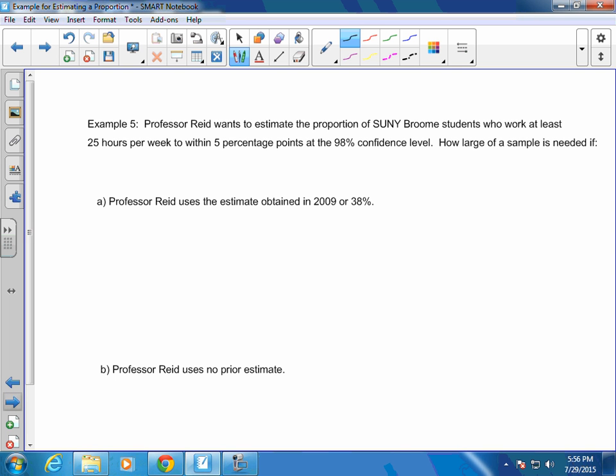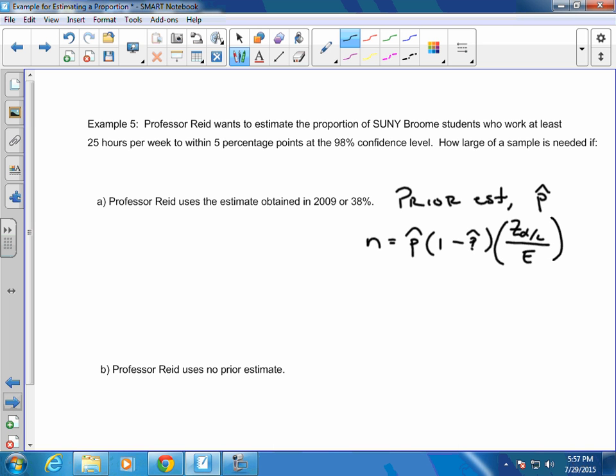So in situation A, we're doing this under the context that I'm using the 2009 previous estimate of 38%. So if we denote p hat here to be our prior estimate, then we use the formula that our sample size n is going to be p hat times 1 minus p hat times the critical z divided by our desired margin of error, and square that last part.